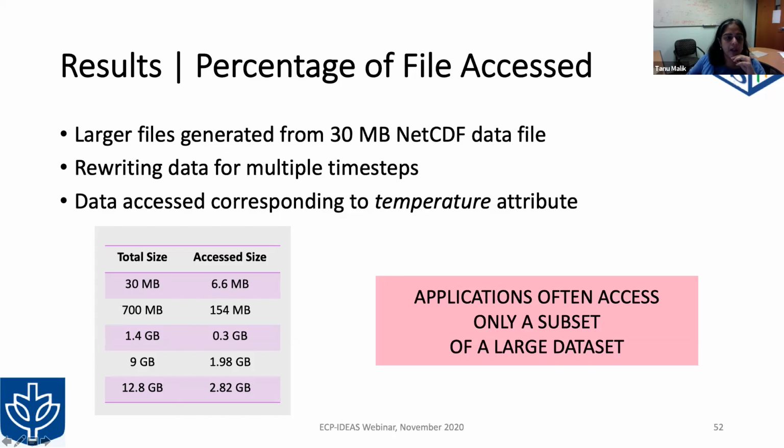So we determined that only 6.6 megabytes from that 30 megabytes were actually used. And we looked at different sizes of the files, and we could determine exactly what the amount of data is that is being accessed from the temperature attribute. And then the application may give a spatial region, and so the amount of data that is actually used is much smaller.